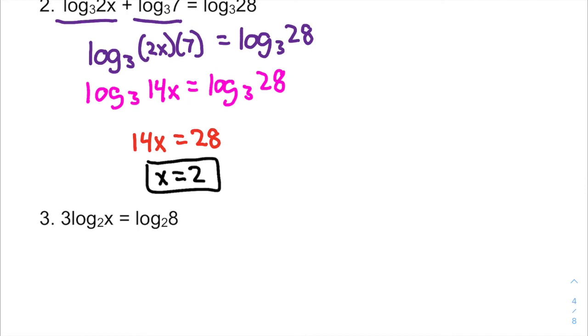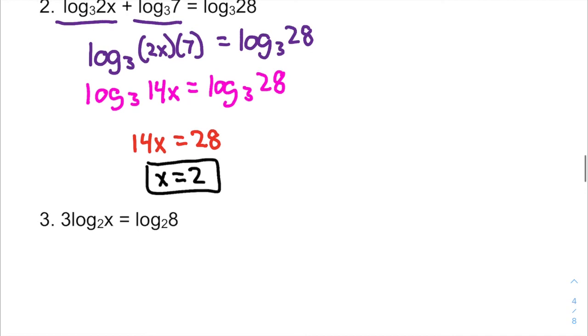Lastly, problem number 3, we have an equation with logs on both sides, and the first log expression on the left is being multiplied by 3. What property are we going to use backwards where there's a value being multiplied times a log expression? That's the power property.